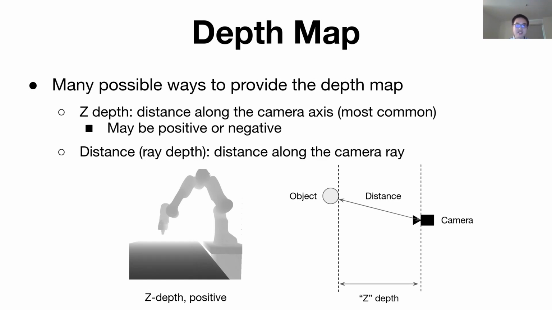And that is the distance along the camera ray. So in the bottom right image, we can see the distance or ray depth is the segment connecting the camera center and the object, but the depth is that distance projected onto the z-axis of the renderer.